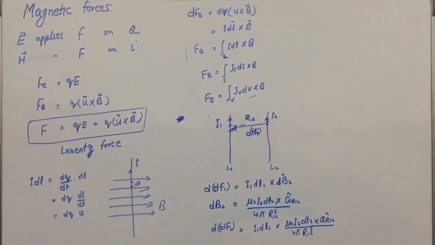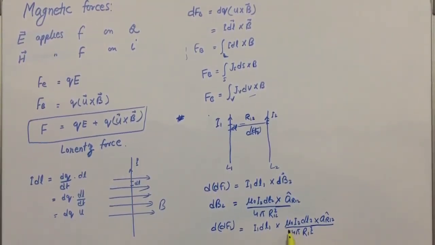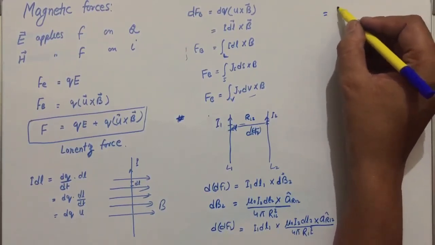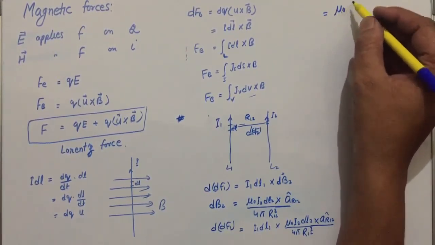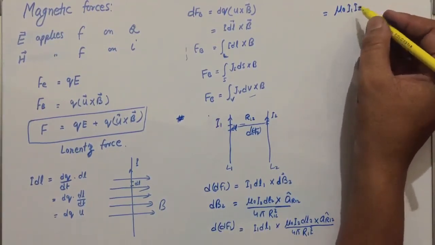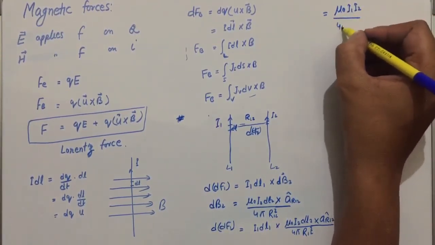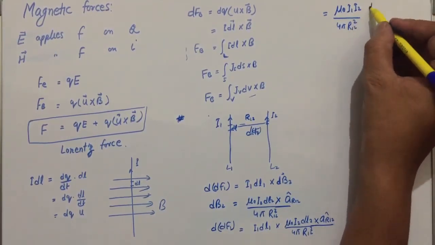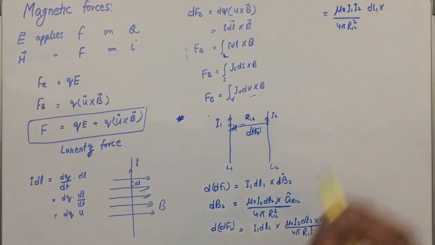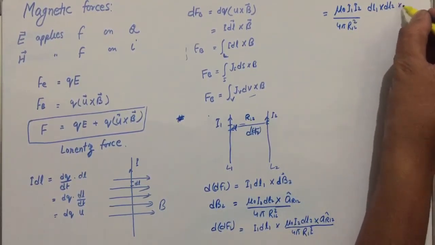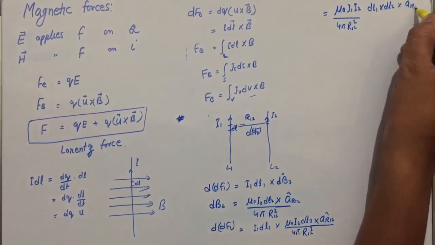And if we simplify this, then we can say mu naught I1 I2 divided by 4 pi r12 squared, dl1 cross dl2 cross a r12.